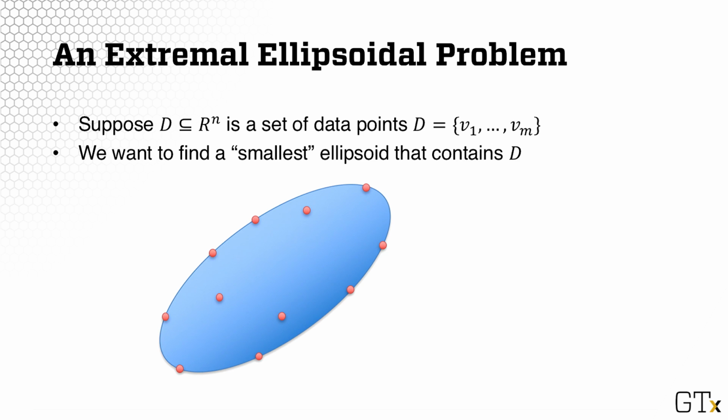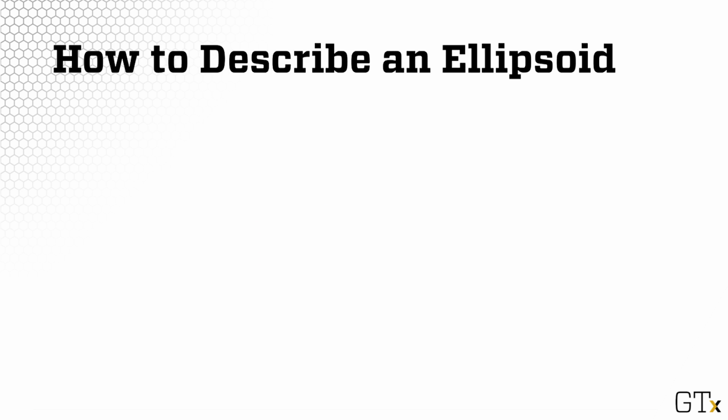Instead of using a lot of points, we can represent all these points by a very simple object, an ellipsoid. This is one of the motivations. There are other motivations: finding a smallest ellipsoid that contains or circumscribes a bunch of points is a fundamental problem in computational geometry.